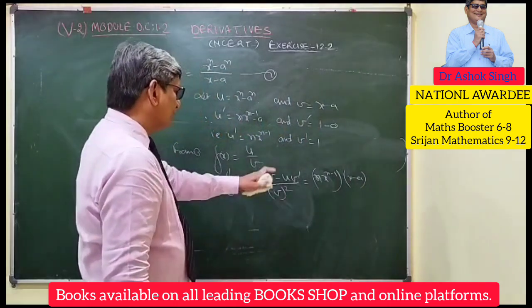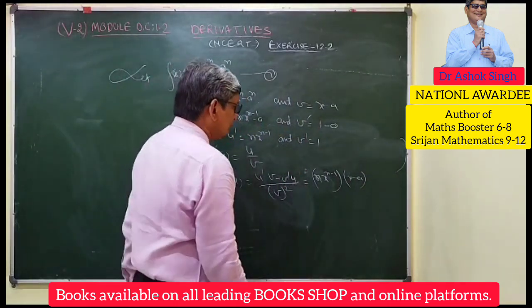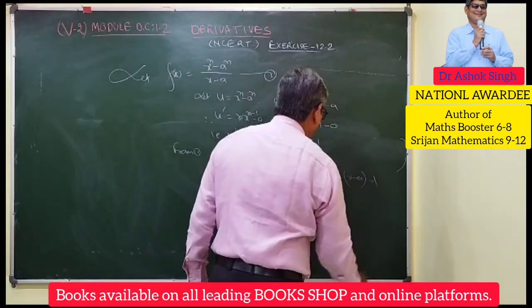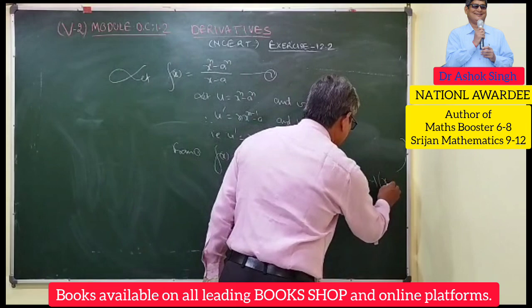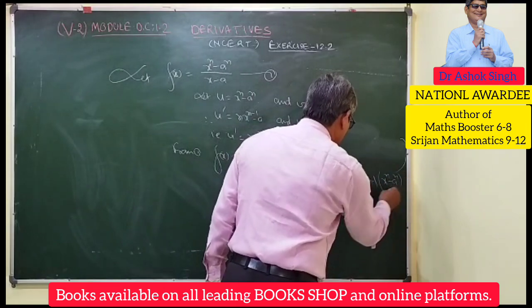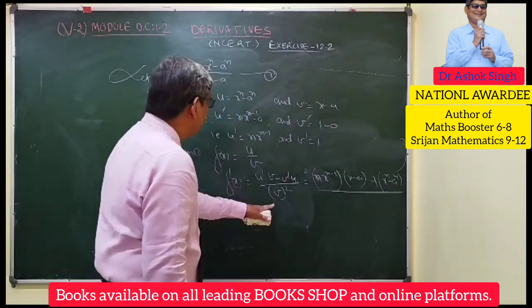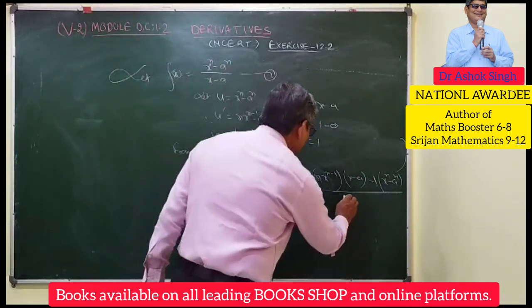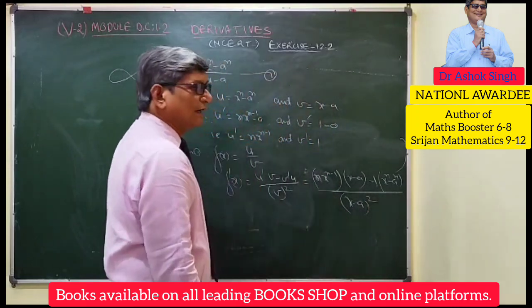What is v dash? v dash is equal to 1. And u is x to the power n minus a to the power n, divided by v square, that is x minus a whole square.